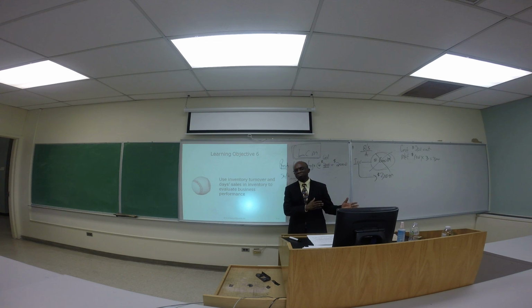Recall, as we said in previous chapters, one of the techniques that we use to evaluate or analyze accounting information, in other words, to help us understand what the numbers really mean, is called ratio. As you know, a ratio establishes a relationship between two numbers in order to give us an insight into a particular issue.